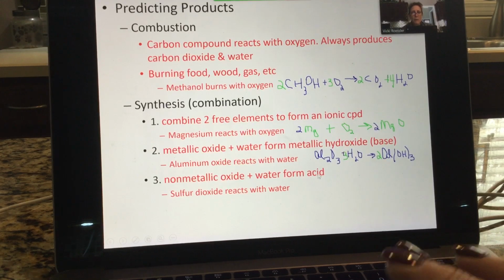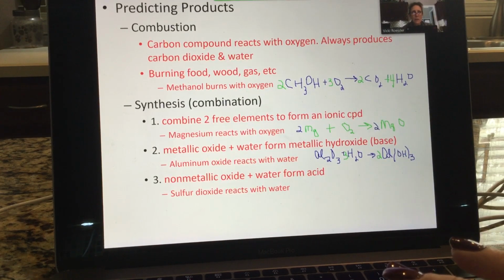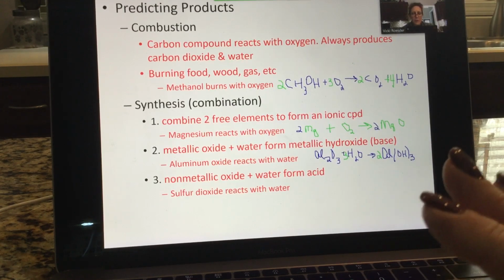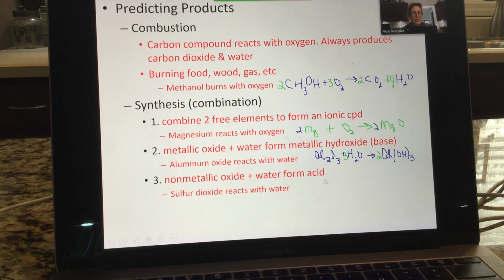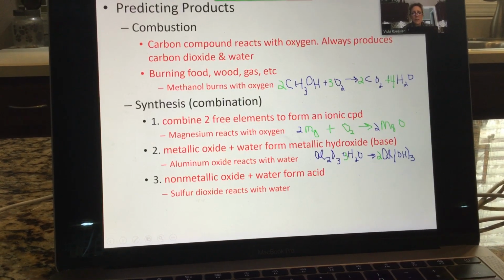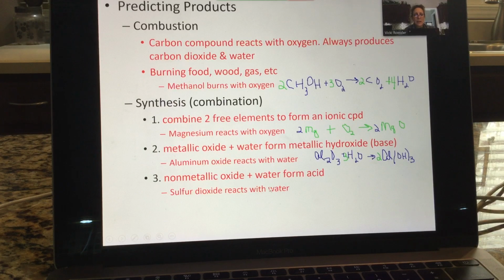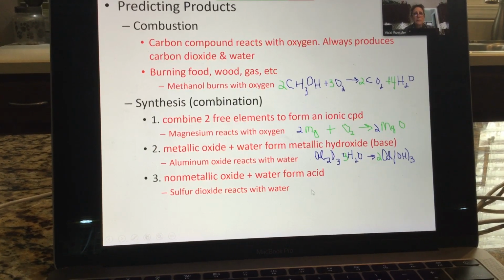There are more complicated synthesis reactions where you would have to do a little more calculating to come up with what the acid should be. But for all of the ones I'll give you in honors chemistry, you just have to combine the non-metallic oxide and the elements in the water to get your acid.